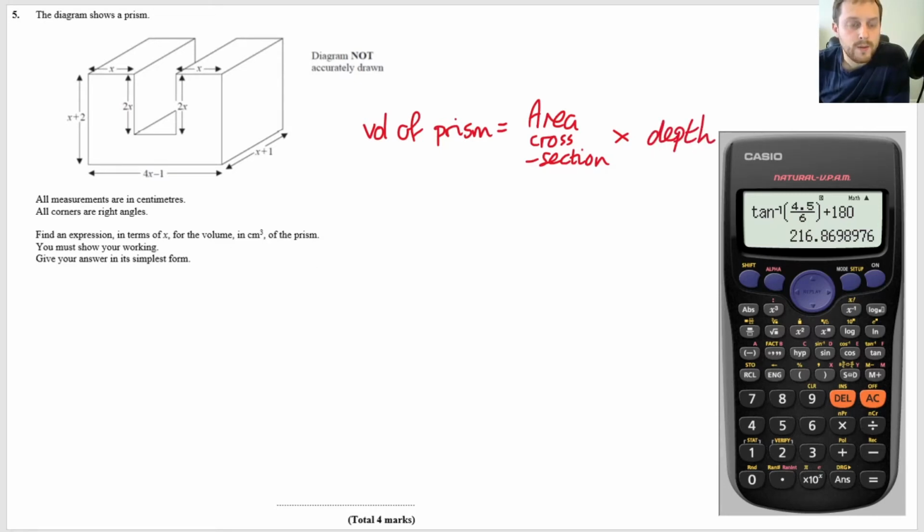So what we need to figure out is this area. So this is what we need to do. So it's this area. And then we're going to times that by this.